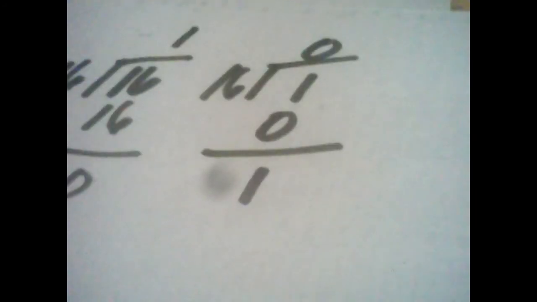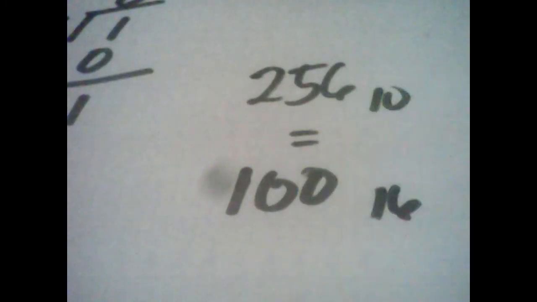Okay? So first 1, 0, 0. Okay? 256, which is a decimal number, is equivalent to 100, which is a hexadecimal number.